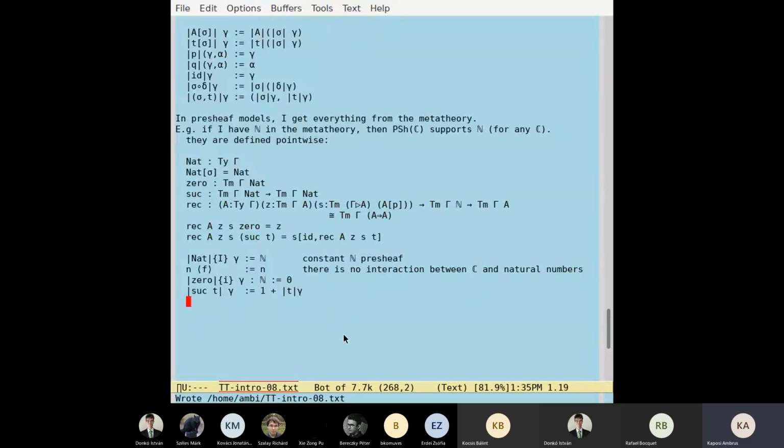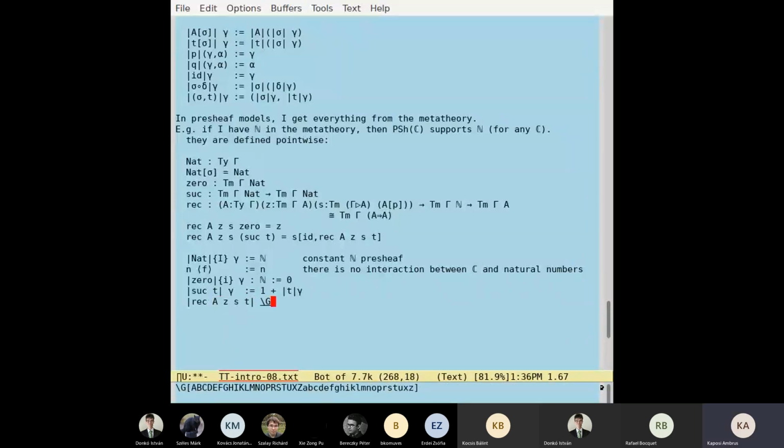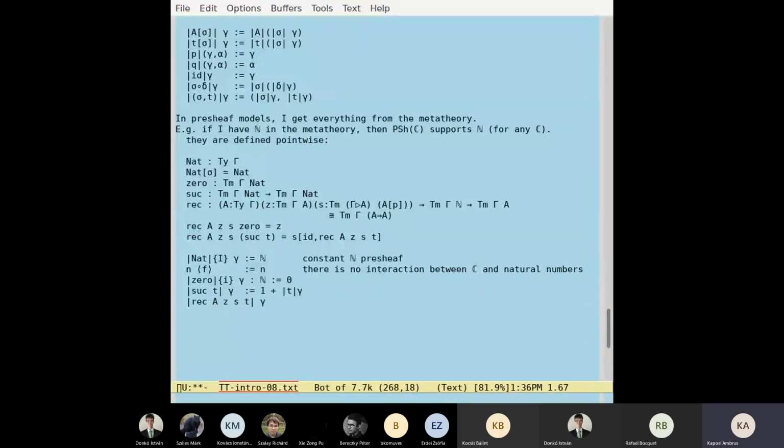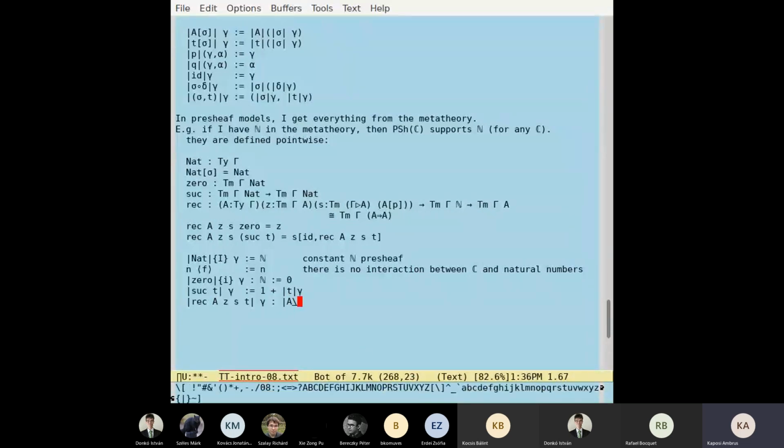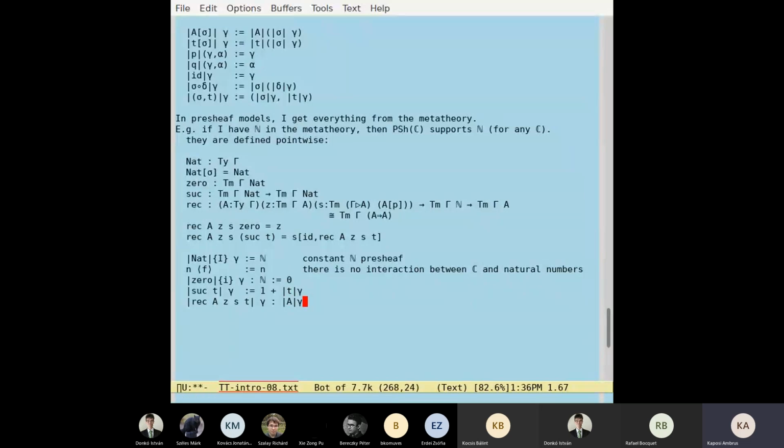Now let's see how you can implement it in the presheaf model. So you have rec A Z S t, and again you have a Gamma, and you need a Tm Gamma A. So you need something in A at Gamma, and just as here we used for 0 the meta-theoretic 0, for successor we used 1 plus, here I will need to use the meta-theoretic recursion principle of natural numbers.